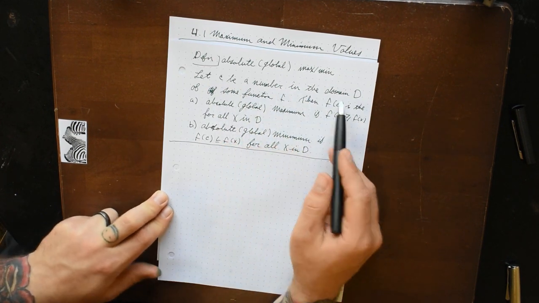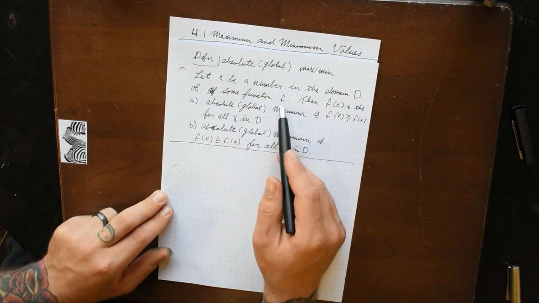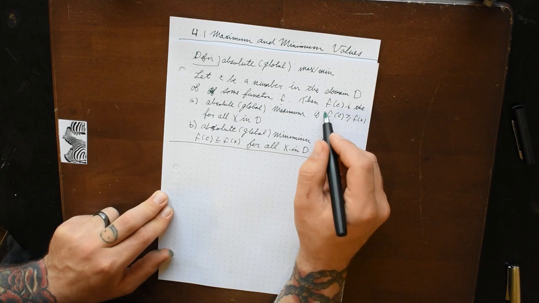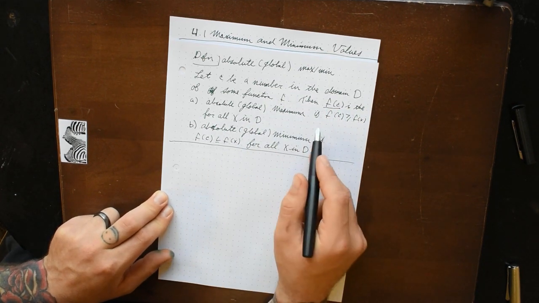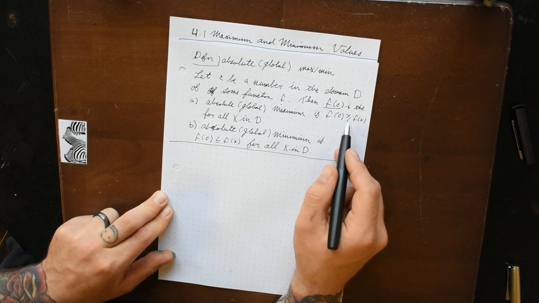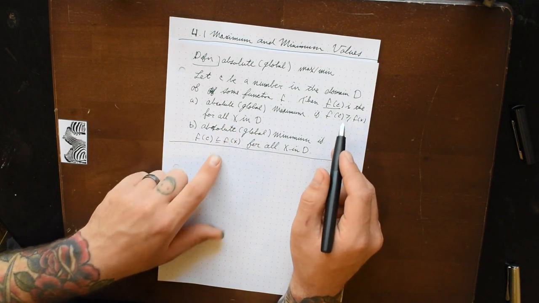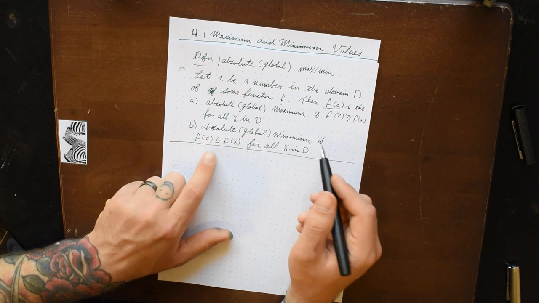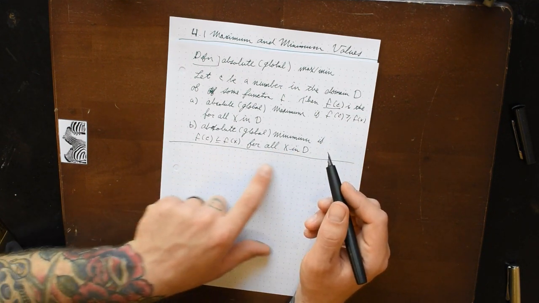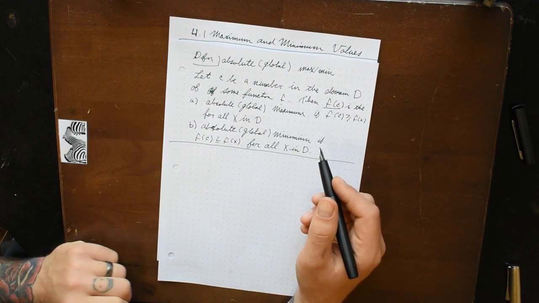Let C be a number in the domain of this function f, and we call the number f of C the absolute maximum if f of C is larger than every other value from that function, larger than or equal to, and it's the absolute minimum if f of C is less than or equal to every other value we get from that function f.